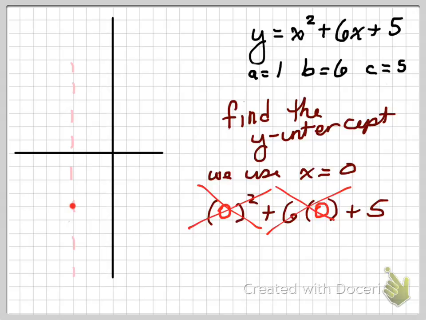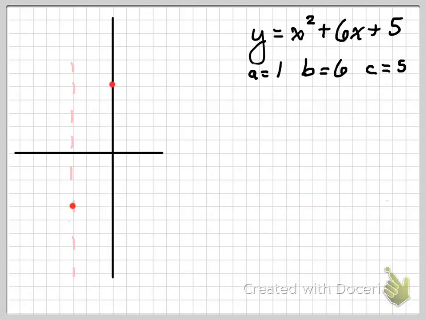When we do this, the first two terms are going to go away because 0 squared is just 0, and 6 times 0 is also 0, so we're left with y equals 5. And I've plotted that right there on the y-axis. There's a point at y equals 5 when x is 0. So now we have 2 of our 3 points.